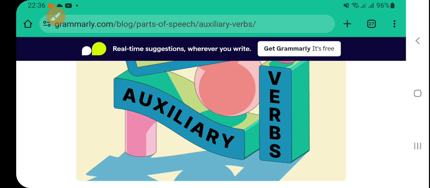When the main forms of main verbs are fixed, then we have to take help of helping verbs. That is why helping verbs are there, and there are a certain number of helping verbs, countable. And helping verbs are also called auxiliaries.